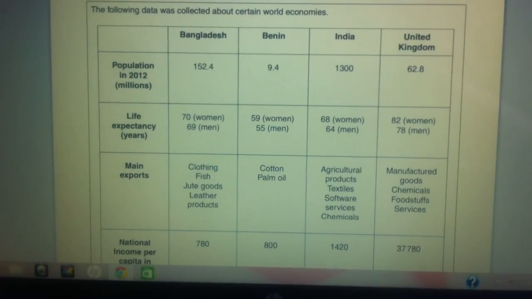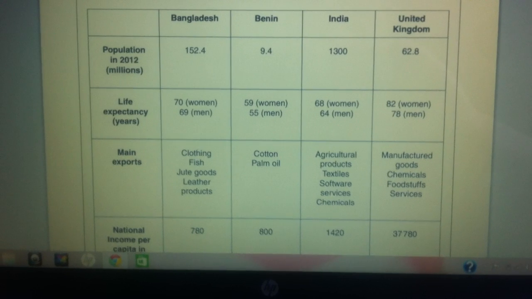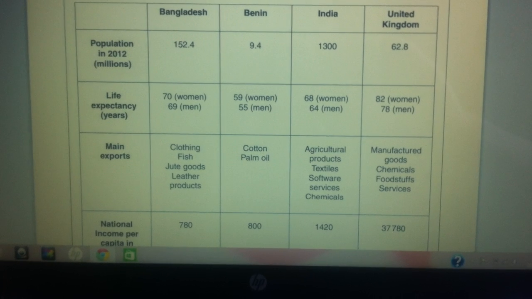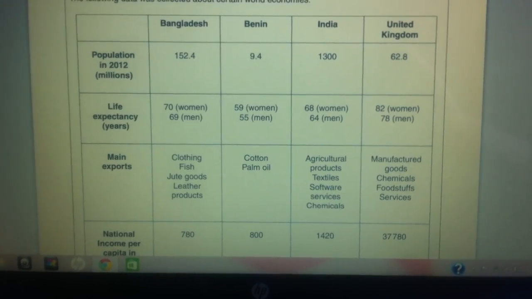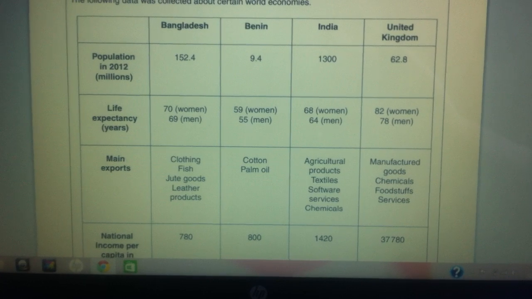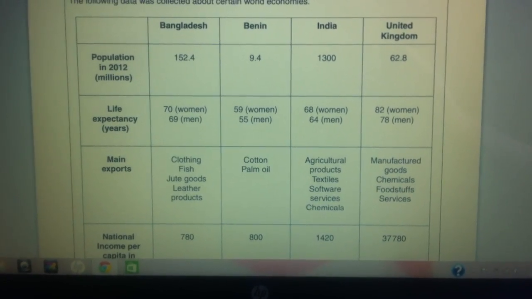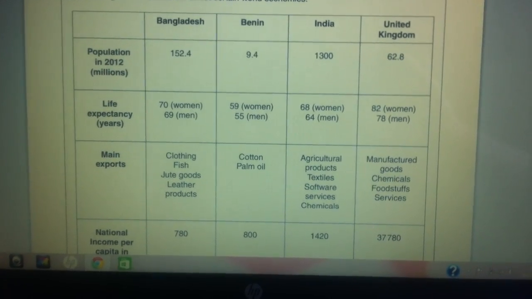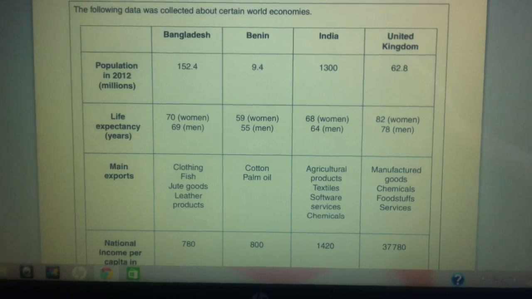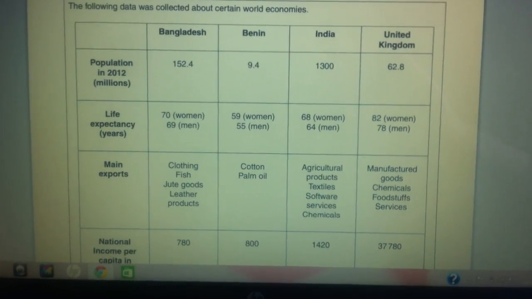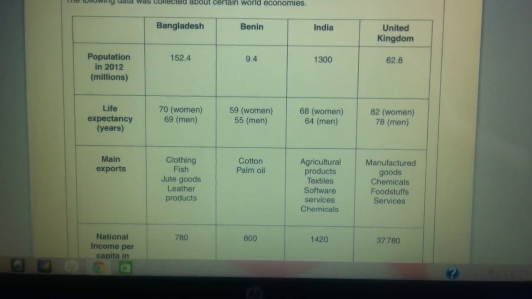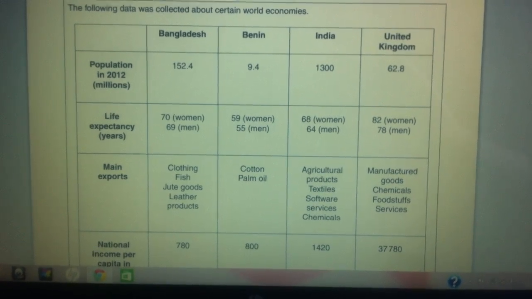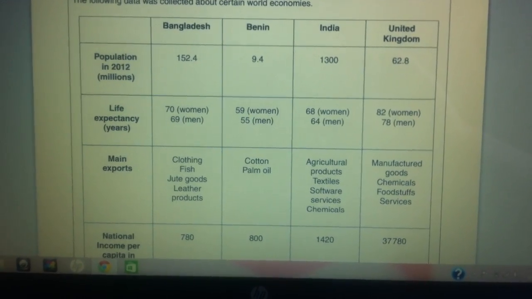Figure 7 presents us with a table of information about 4 countries: Bangladesh, Benin, India and the United Kingdom. I think the first thing that you need to be aware of is that the exam board will often try and trick you a little bit, try and catch you out by presenting you with data in various forms. So it's important that you know the difference between thousands, millions, billions, trillions, etc. I hope this isn't an insult to your intelligence, but it is often something which candidates get wrong in the exam.